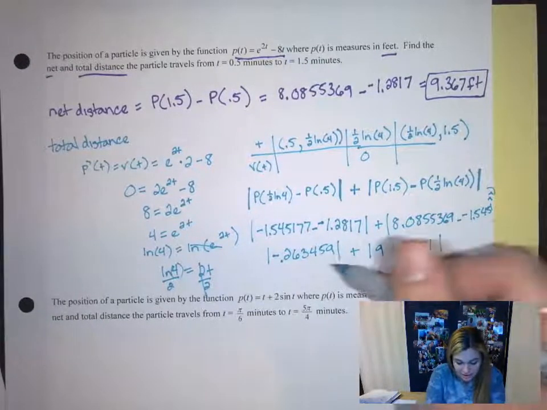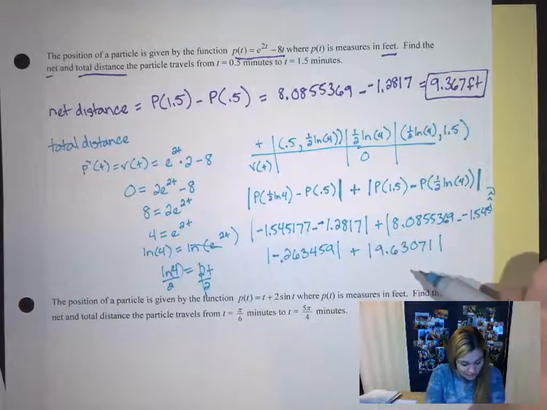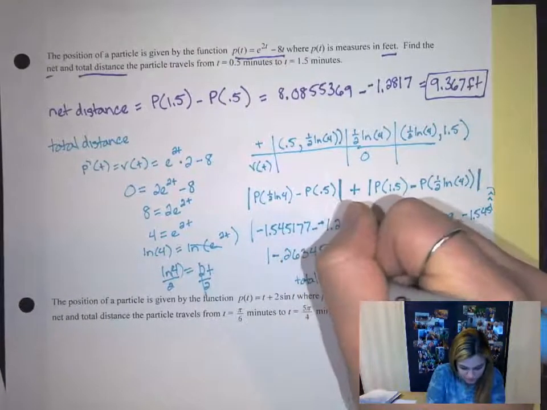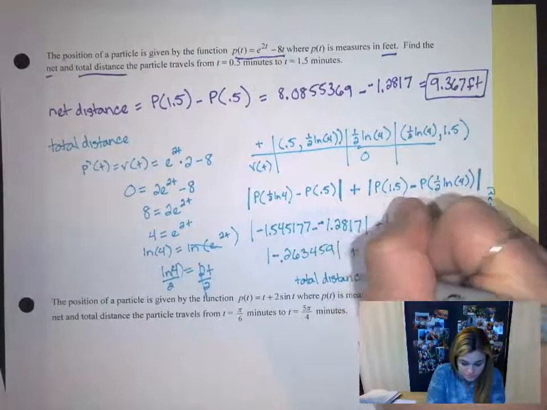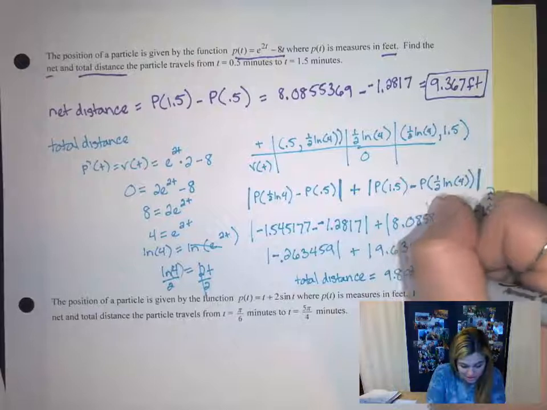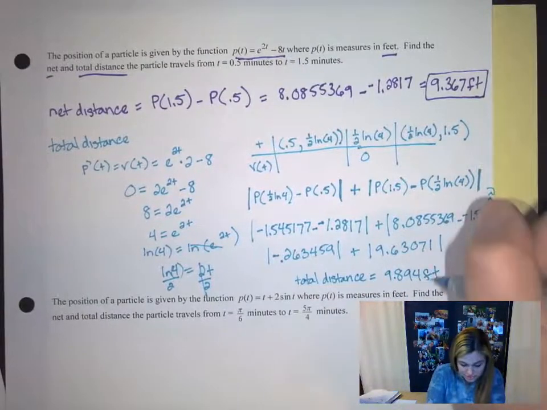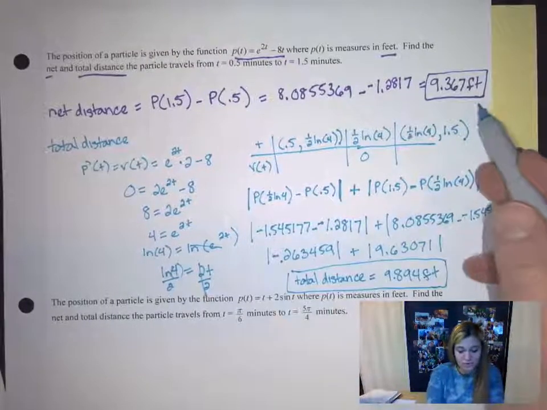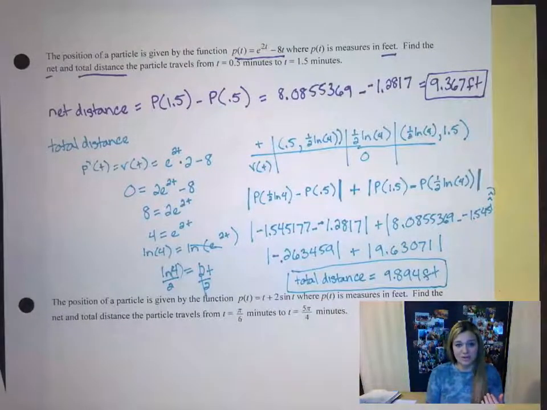And then here, if I add up the absolute value of both of these, the total distance is 9.894 feet. So just not much more than the other one, but still slightly different.